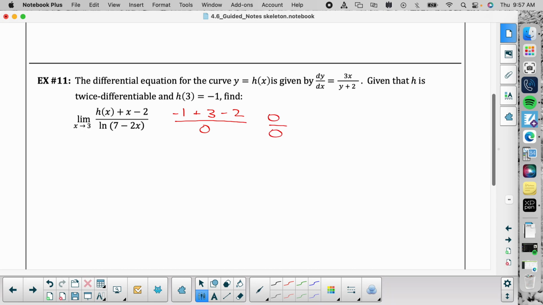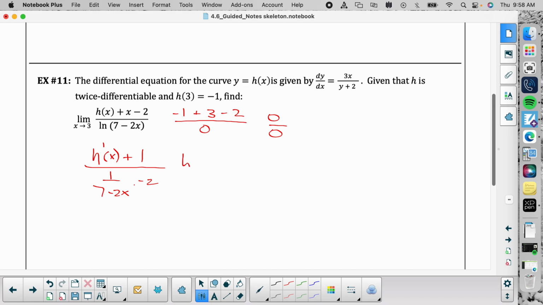Okay, so now we need to do derivatives. The derivative would be h prime of x plus 1 over 7 minus 2x times -2. So natural log was 1 over itself times its derivative. Now I'm going to plug in 3 again.